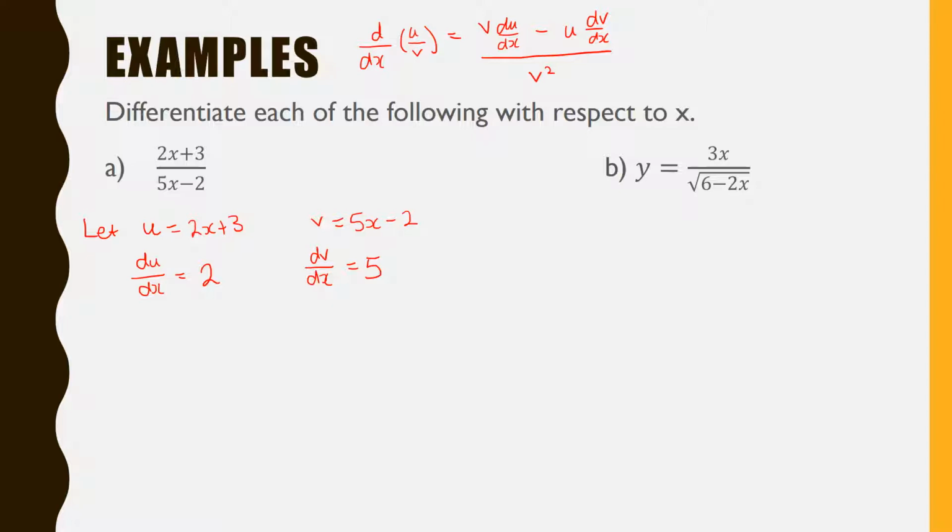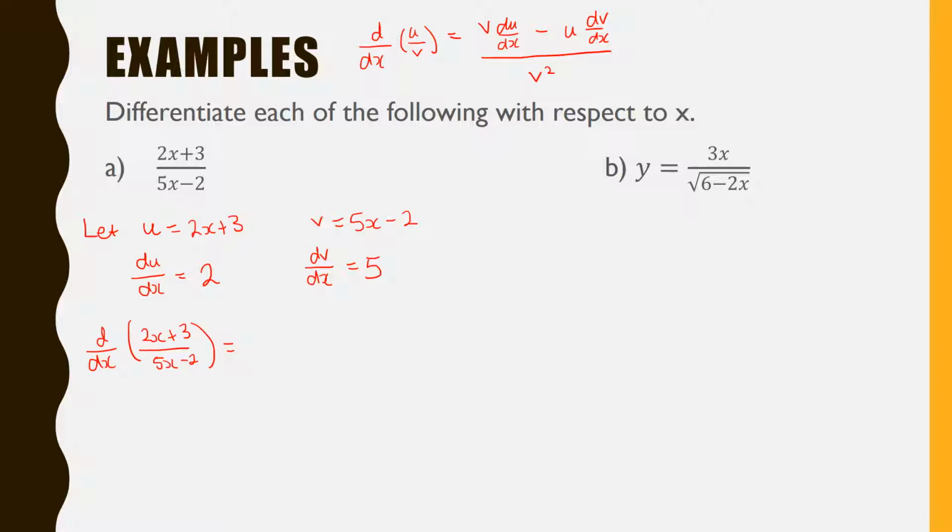Okay, so using our formula then, if we differentiate d dx of our function 2x plus 3 over 5x minus 2, what we do is that we have the derivative of the, so again, let's use some colours to explain this more fully.